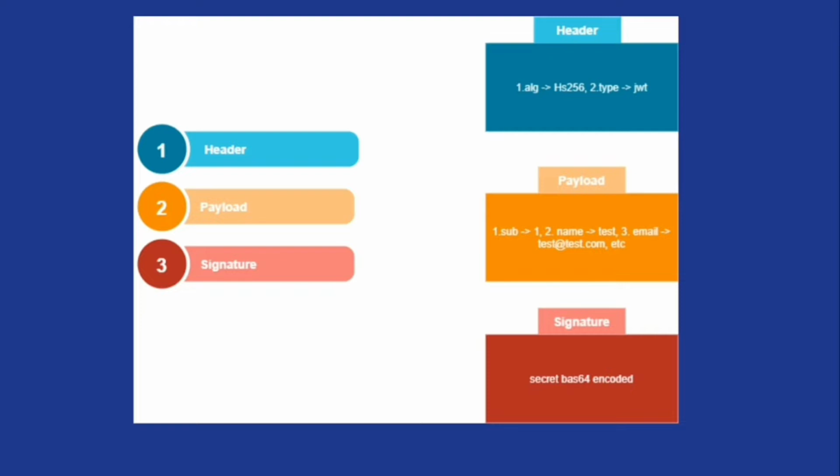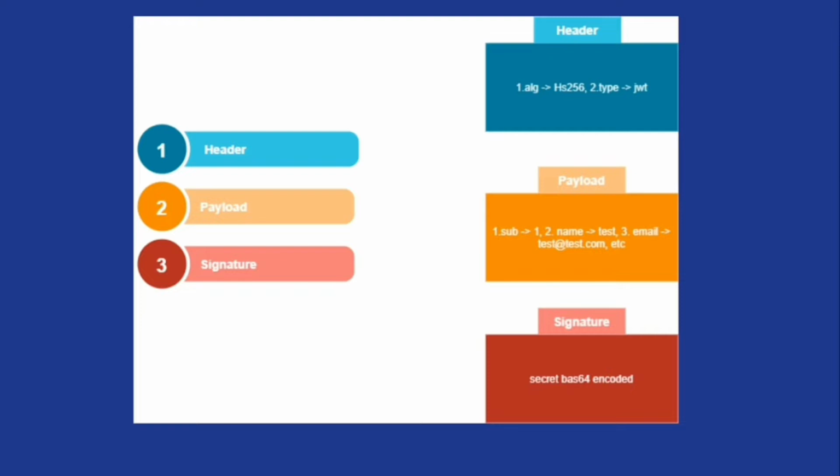In general, the header will contain the type of algorithm and the type that determines what type of token it is. The payload contains all the claims of the authenticated user like email, username, user ID, phone number; all kinds of user information can be stored in the payload.